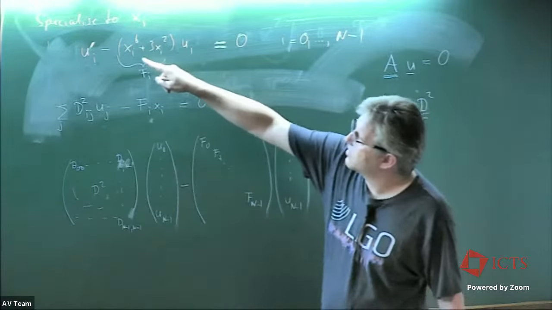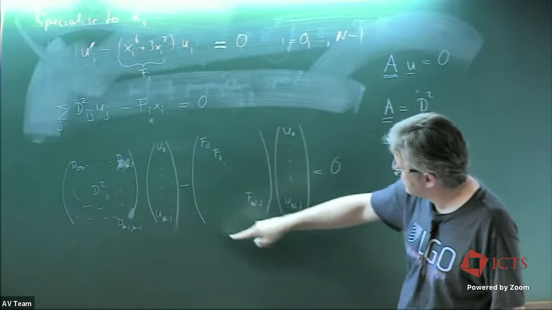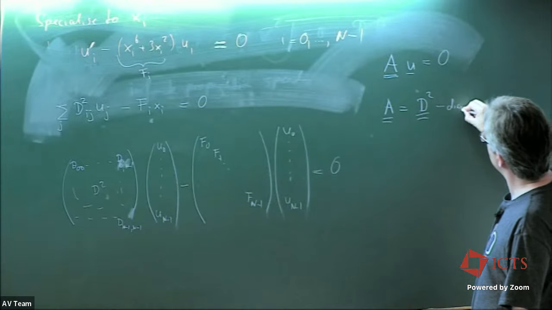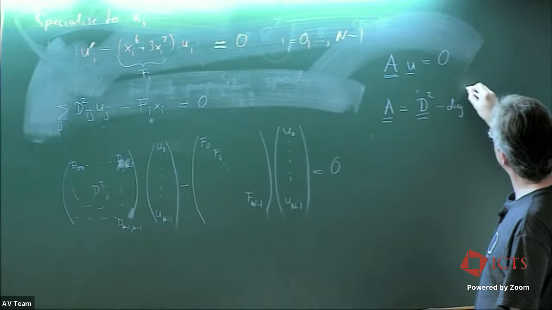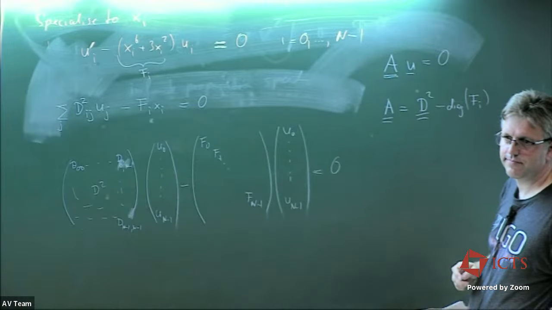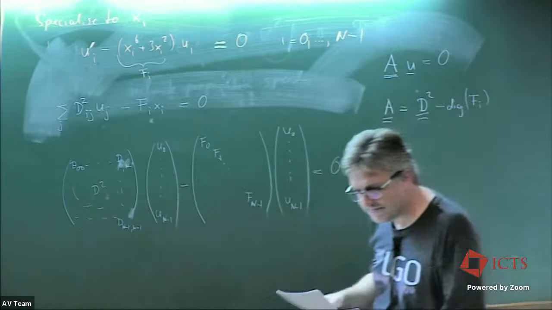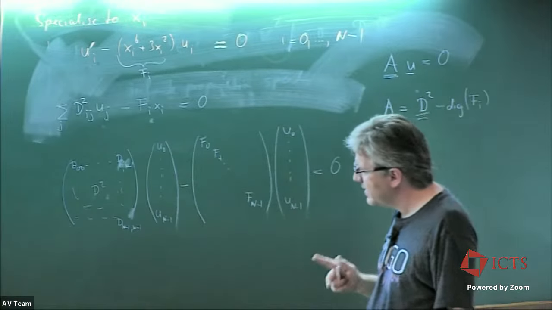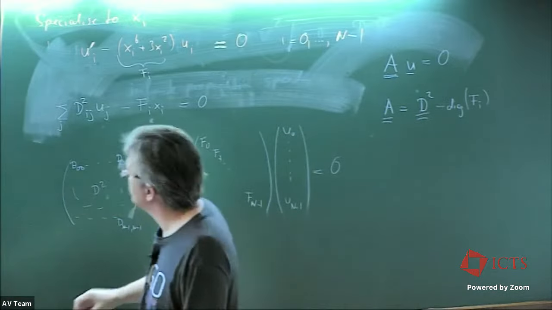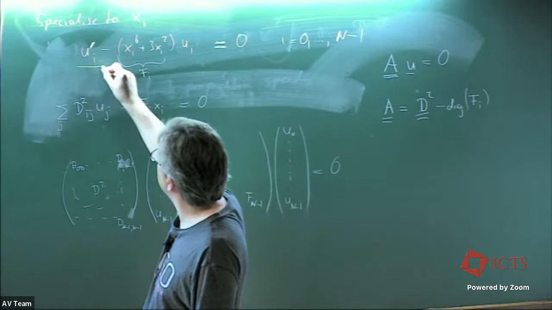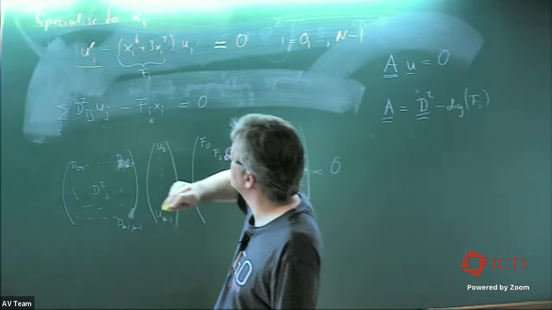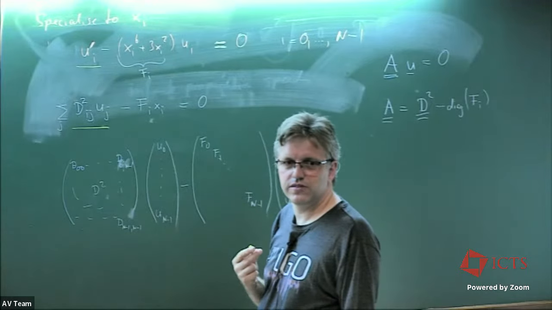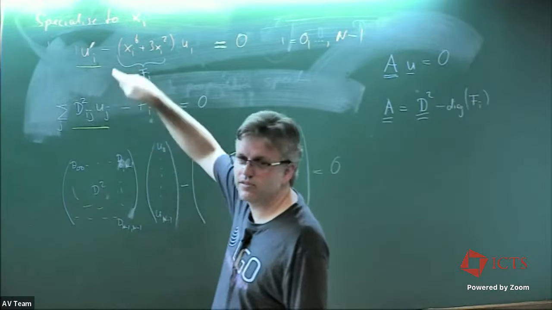And then we have these extra terms here that turn into this diagonal matrix here, minus diagonal matrix of Fi. So, getting closer. And the reason all of this works so nicely is because we have our nice relationship between derivatives at the collocation point as a matrix multiply of the collocation values itself. That's the whole key that makes everything work.